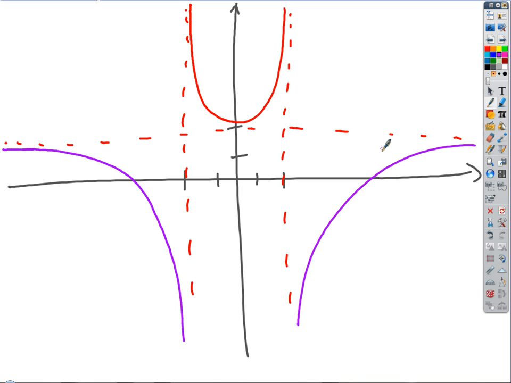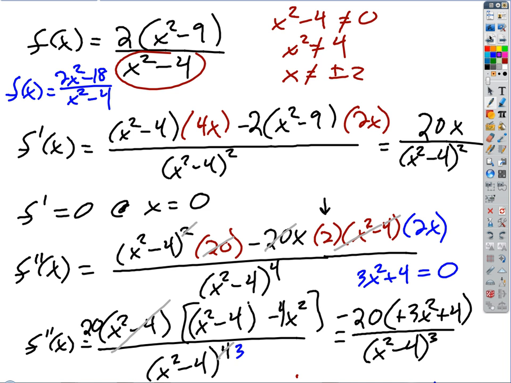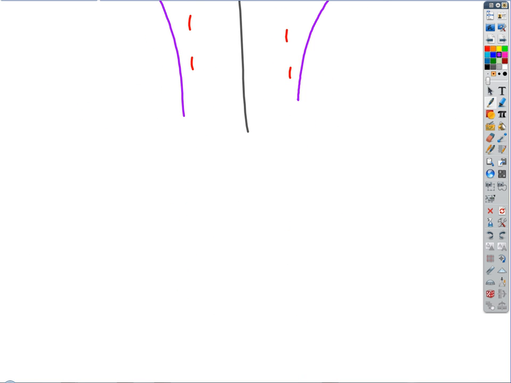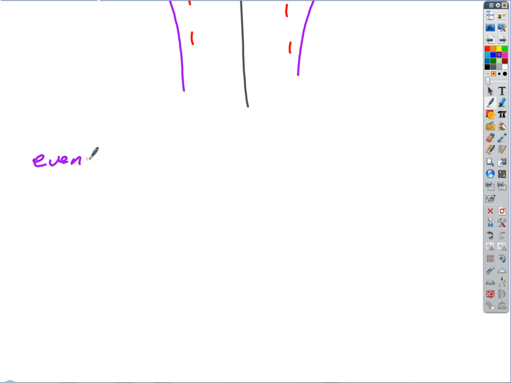Probably not necessary though. How could we have utilized symmetry here? If I distribute the 2 on top, look at those polynomials. Remember we talked about the symmetry tests. Do you remember the symmetry tests? We said that even symmetry is the test that f of -x equals f of positive x, right?